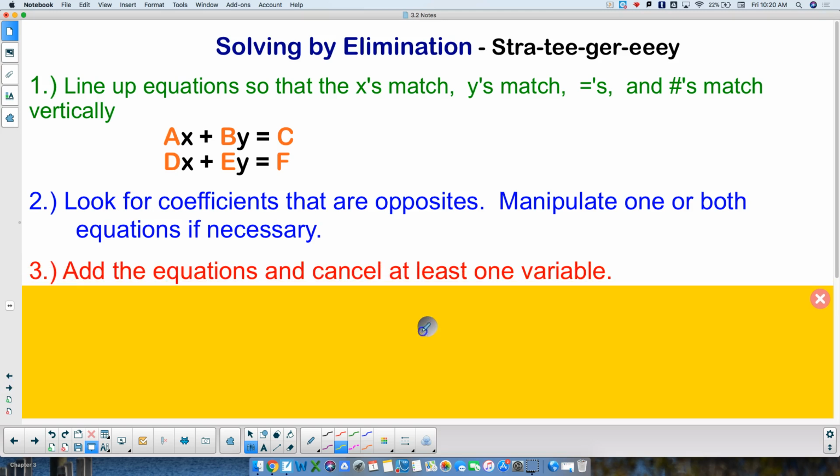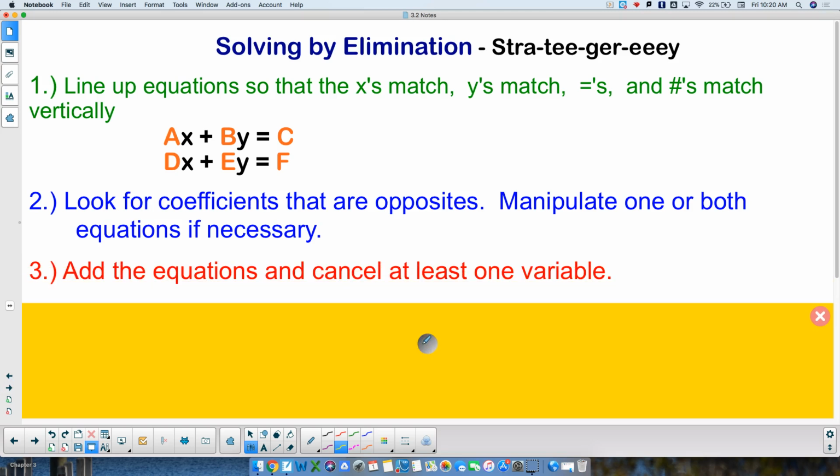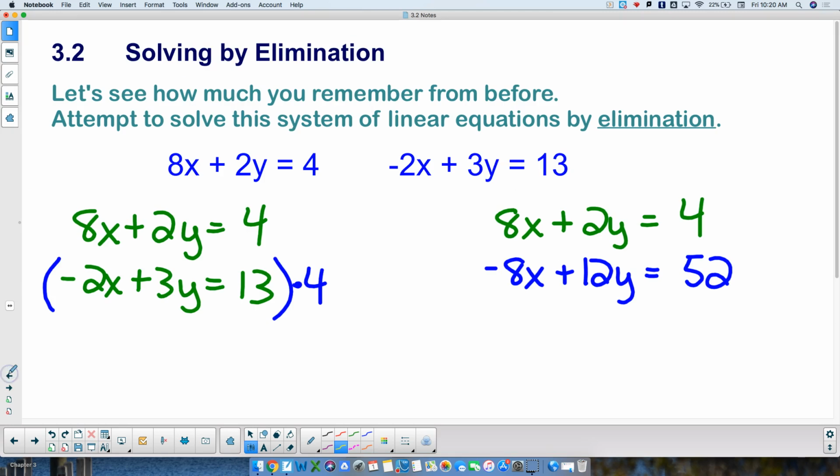Next, what we're going to do is we are going to add the two equations together. When I add the two equations together, one of the variables should drop out. And in this case, it's the x's. 8x plus negative 8x is 0x, which is just 0.